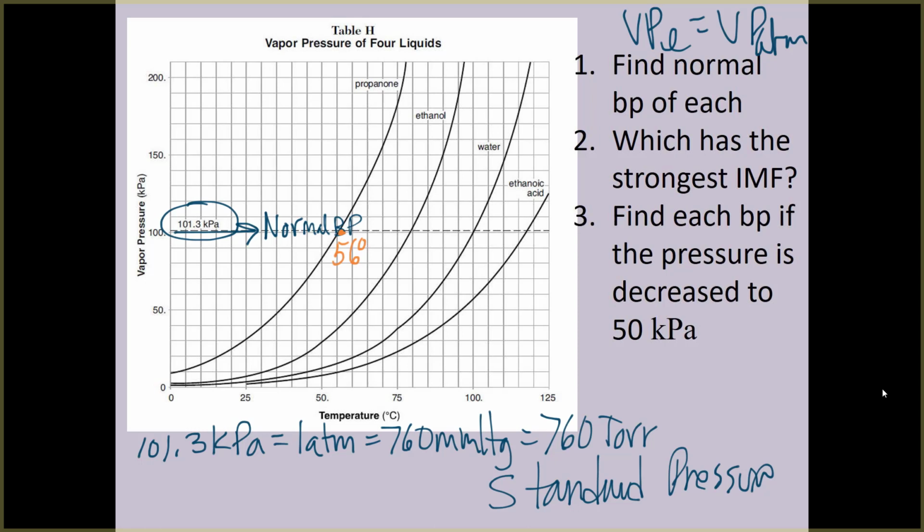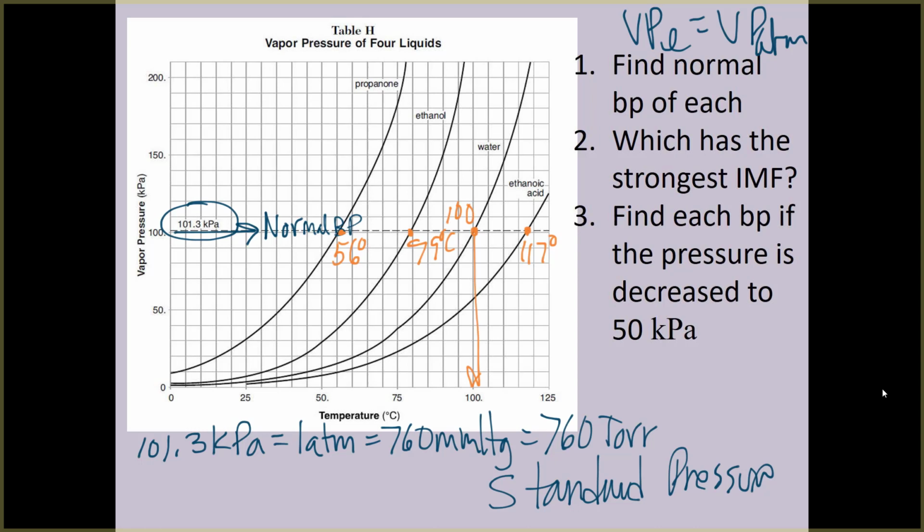Let's look at the next substance. Right before 80, so maybe 79 degrees. This next one is water. I know that one's 100, and we can read that. And the last one right here will boil at 105, 110, 115, so like 117, something like that. Okay, so again, these are the normal boiling points.